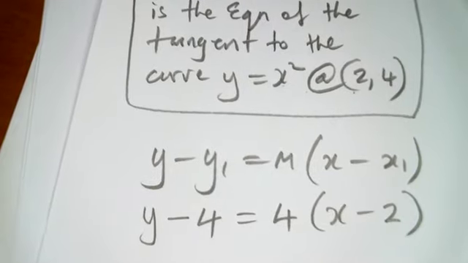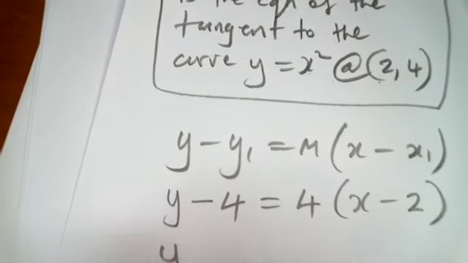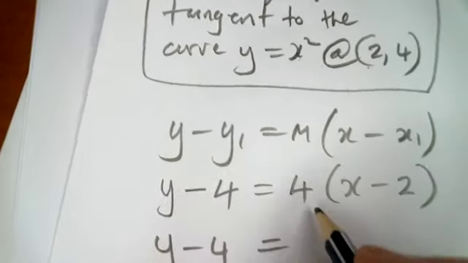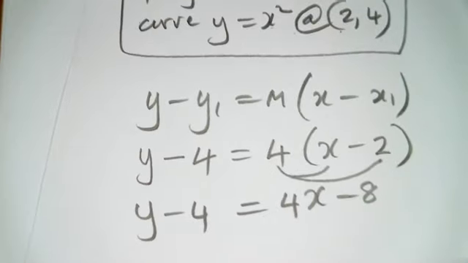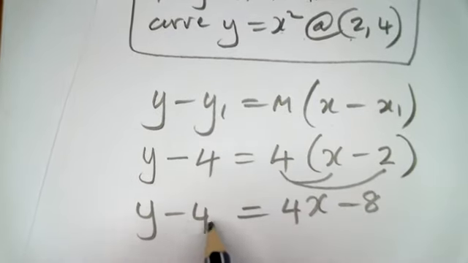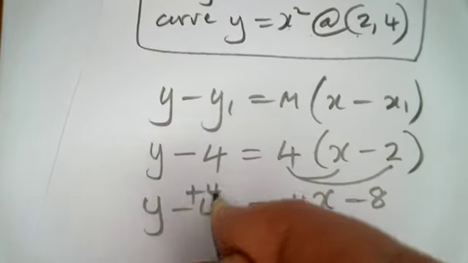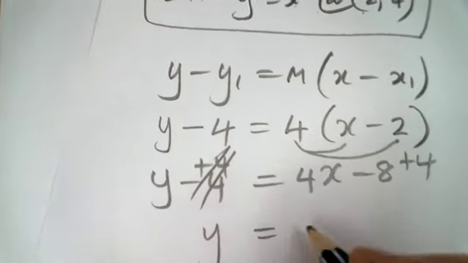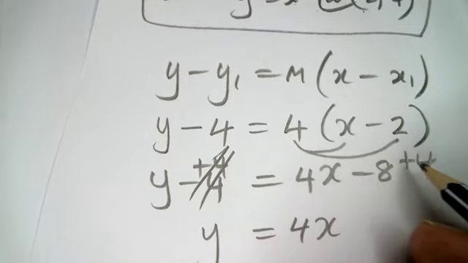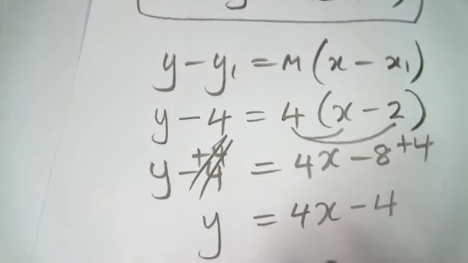We should come up with exactly the same thing. So y minus 4 is equal to 4x, 4 times negative 2 is minus 8. Now we just need to get rid of this minus 4, so I'm going to add 4 to both sides. So y is equal to 4x, and negative 8 plus 4 is negative 4.